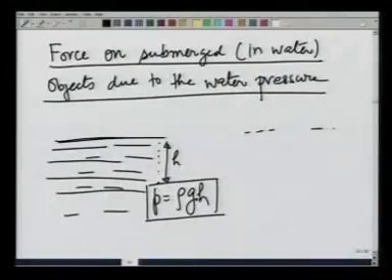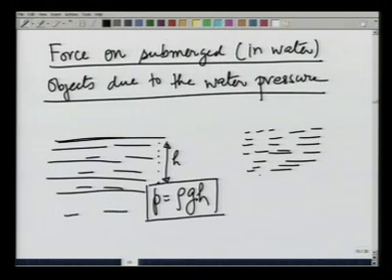For example, we will take a simple example. If I have a plane sheet here, it will be experiencing a force which will be given by the pressure at this depth, and at lower depth the pressure is going to be lower, and therefore the force is going to be lower.